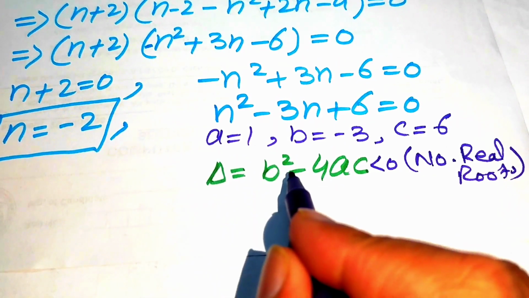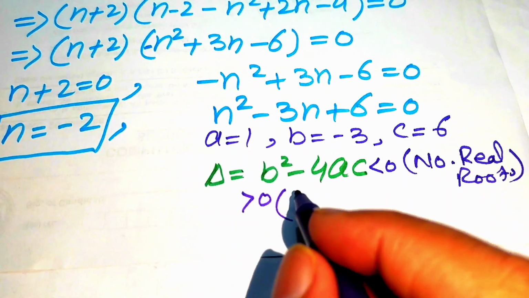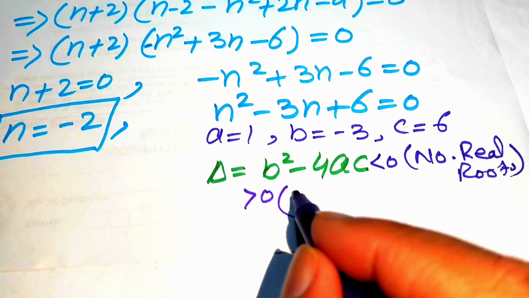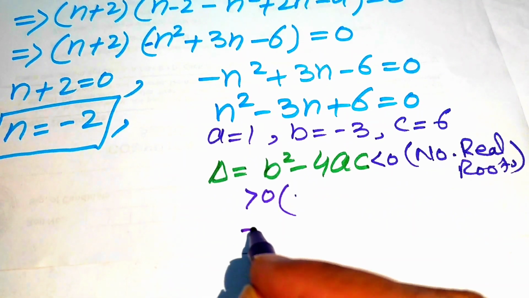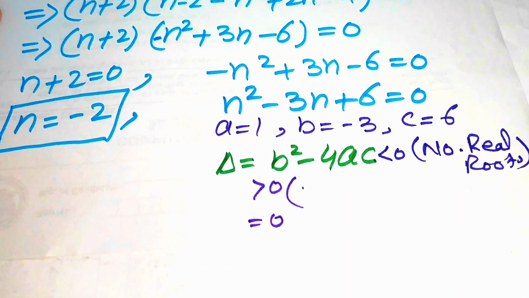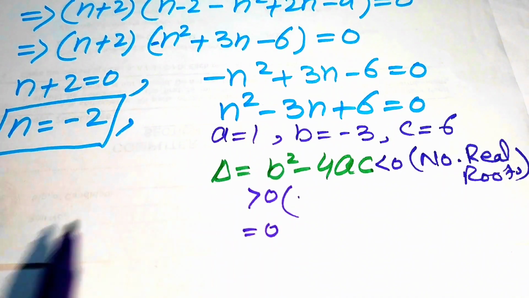If the value of delta is greater than 0, it means that this quadratic equation has two real roots, and if it equals 0, then this equation gives us one repeated real root.